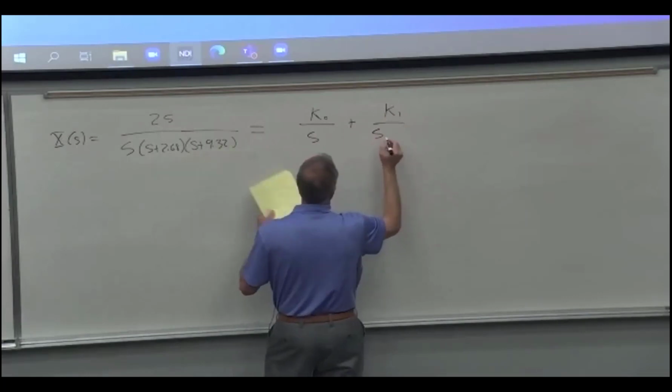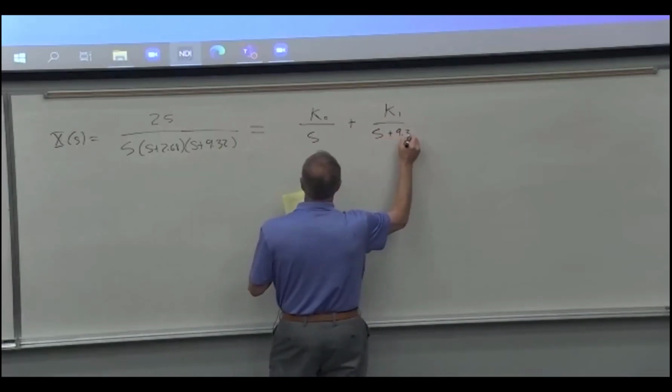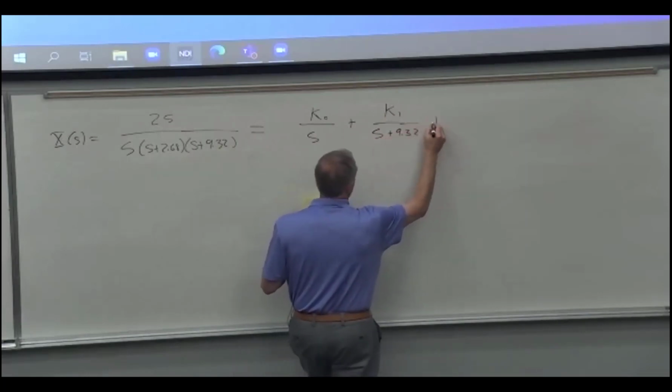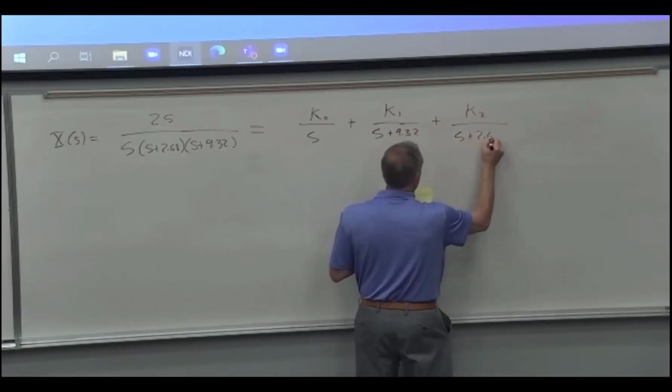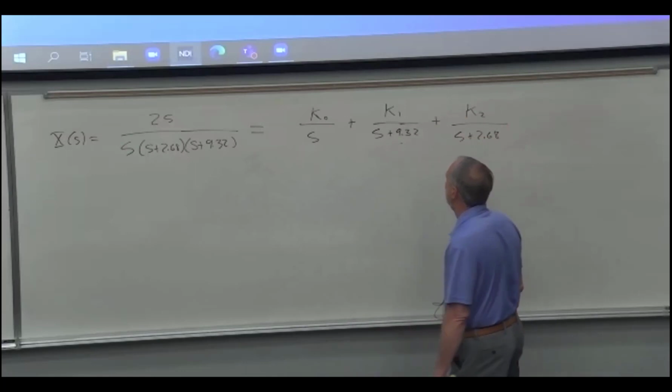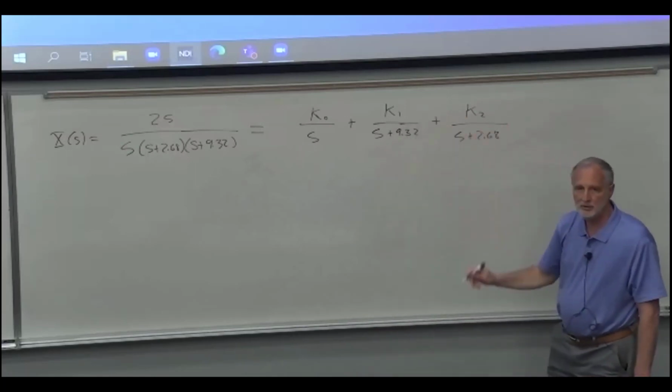I flipped the order here, but it doesn't matter. All right, so I need to find K0, K1, and K2.